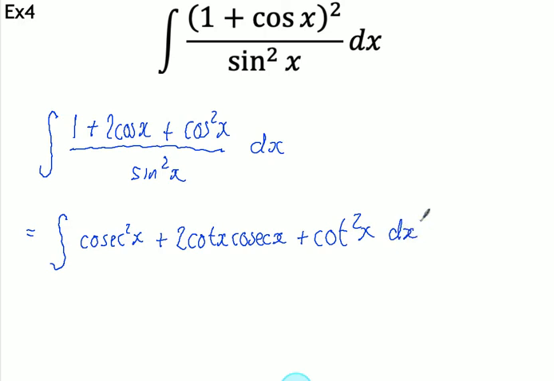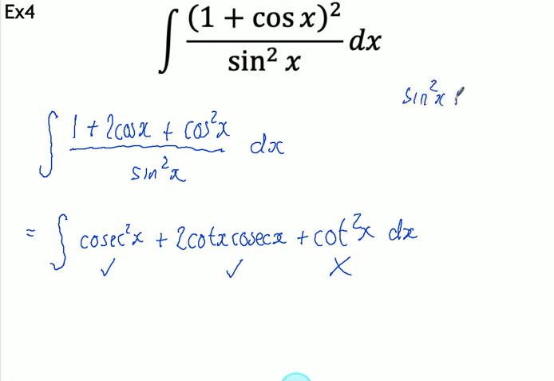Okay, so again, we need to look at each individual term to see if we can integrate it. Cosec squared x, yes. Cot x cosec x, yes, in the formula book. Cot squared x, nowhere to be seen. Okay, so we need to deal with this one here.